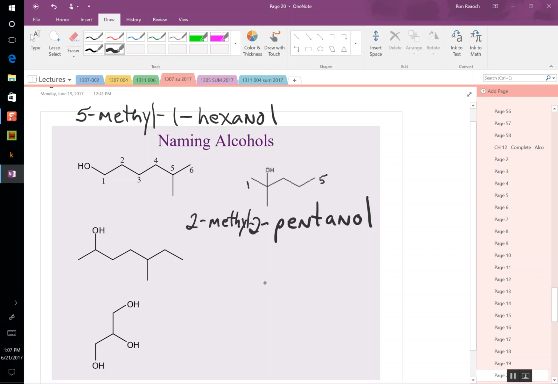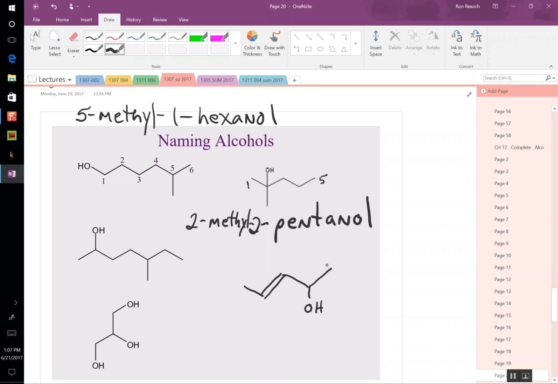Now, if we had a molecule like this, let's do a different molecule. Let's do something like this. All right, let's do that molecule. Longest chain is what? 5.